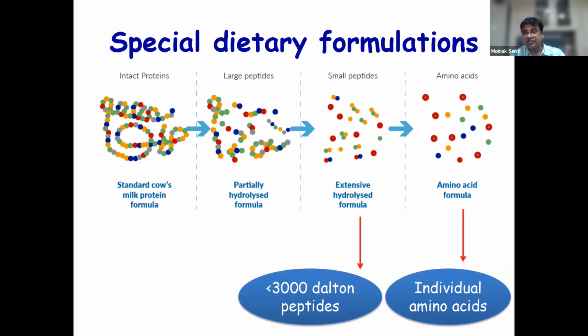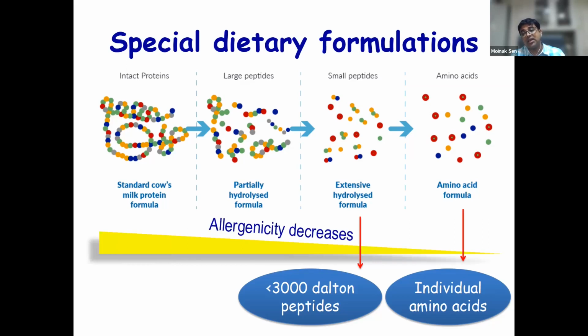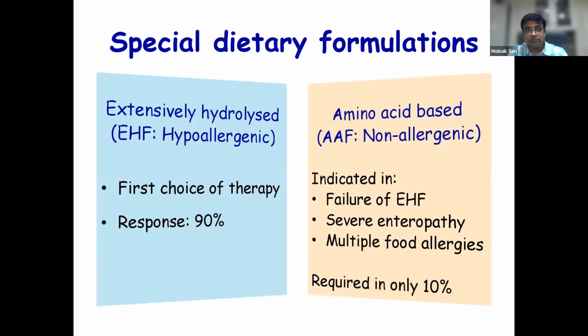Special dietary formulations are available. Basically you have a standard cow's milk protein formula. You break it down, you make it a partially hydrolyzed formula, and then you have the extensively hydrolyzed formula and the amino acid formulas, which contain even smaller particles. These are to reduce the allergenicity in the diet.